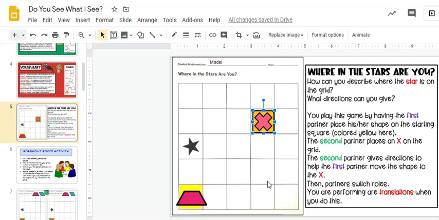Then the second partner gives directions to help the first partner move the shape to the X. So the first partner could say, move your trapezoid to the fourth square in the row. So 1, 2, 3, 4. Then move your shape to the fourth square up in the column. 1, 2, 3, 4. And there I am.